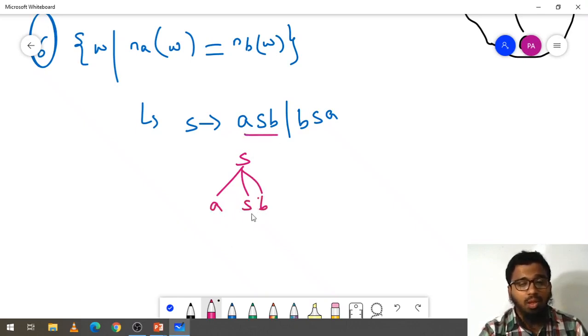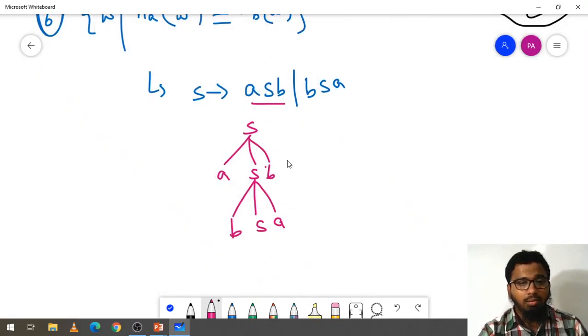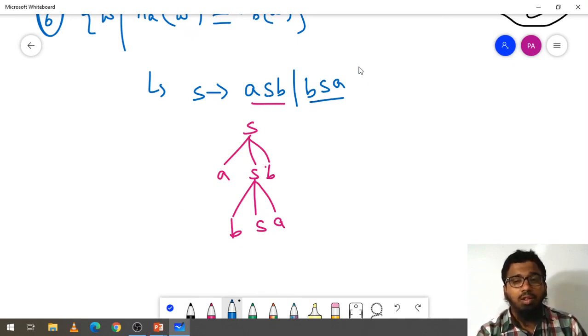Next, this S is divided again, B S A. Because we need to stop, and this also has a non-terminal, we must have the epsilon, so here I am adding epsilon.